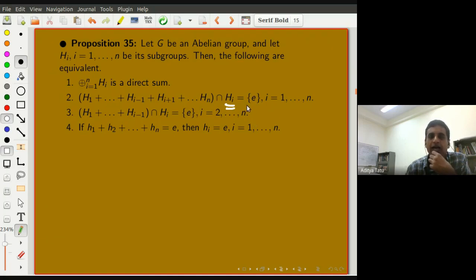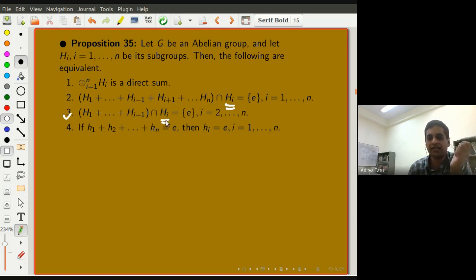A simpler condition is the third one. Take any subgroup Hi. First of all, we are numbering all these subgroups from H1 to Hn.